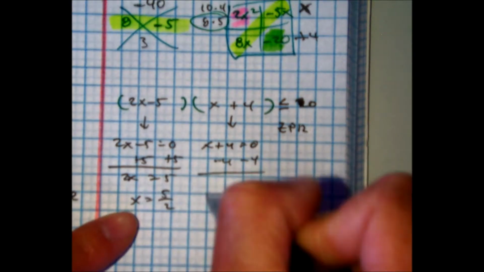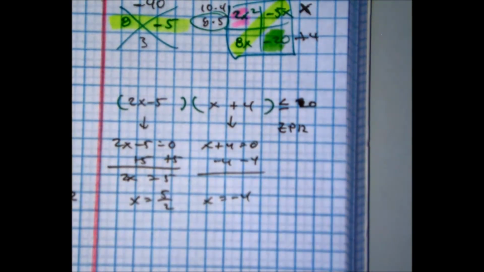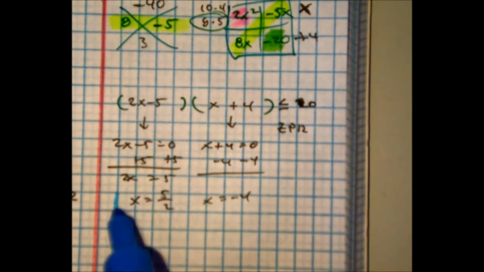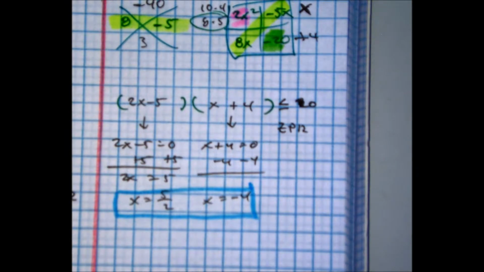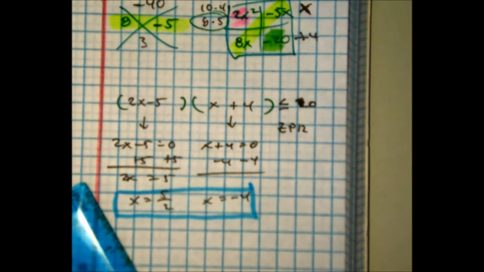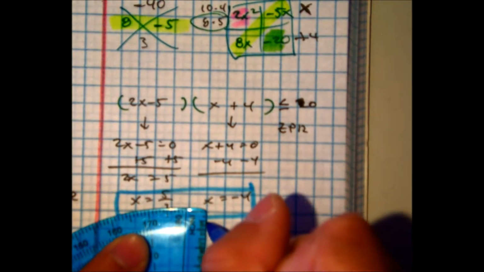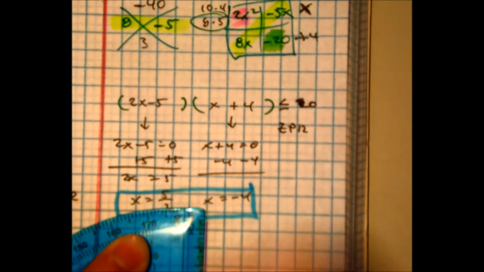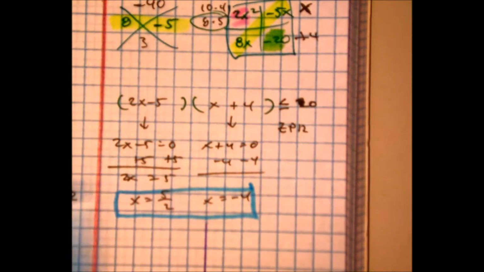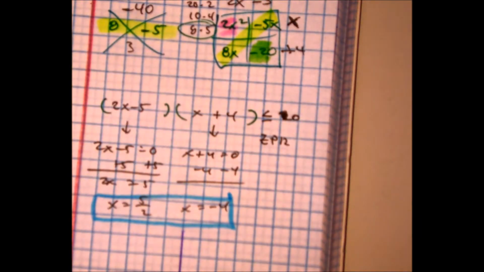Subtract 4, x equals negative 4. Raise your hand if you got this. Nice, good visual.